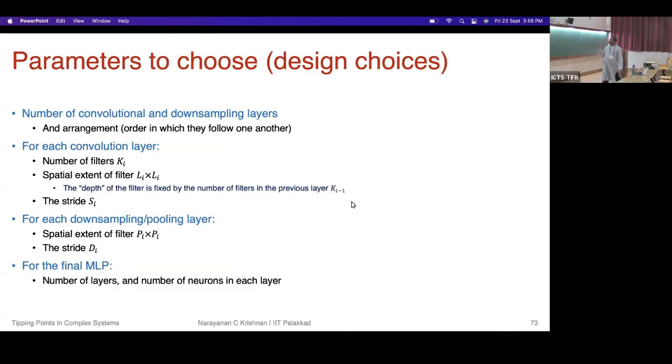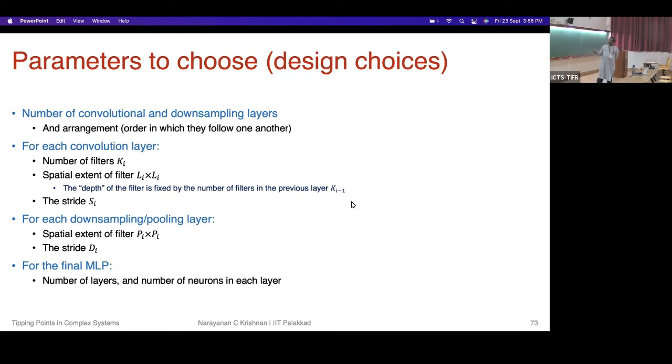So the parameters to choose, the design choices when you have a convolutional network, are the number of convolution and downsampling layers, right? And the arrangement, what order. The typical order that you follow is convolution with stride followed by max pool and so on. For each convolution layer, the number of filters, the spatial extent of the filter, and the stride parameter.